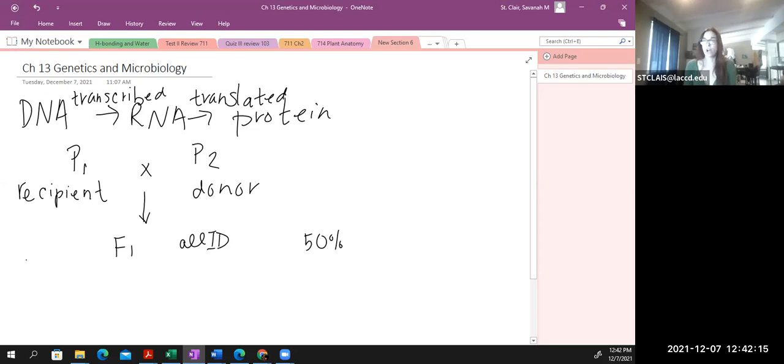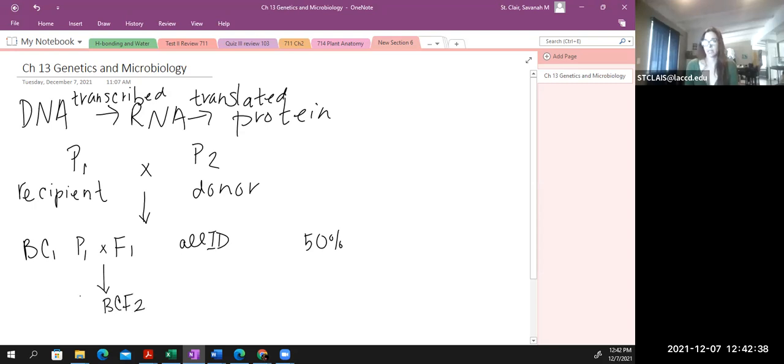Okay, so for our first cross, or BC1, we're going to cross P1 with our F1 generation. Okay, the result of this cross is going to be the BCF2.